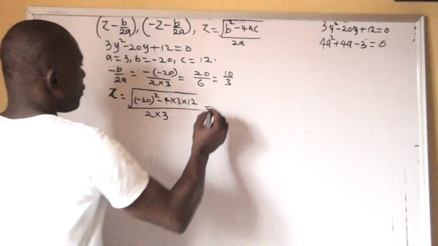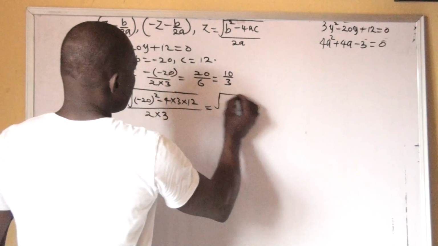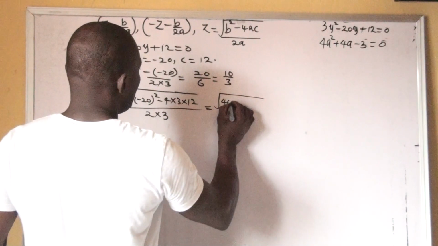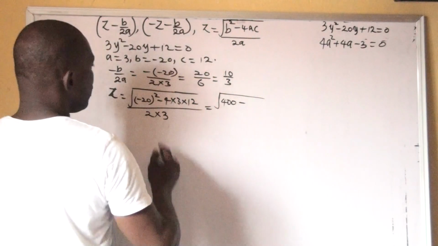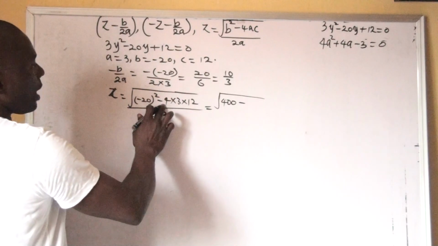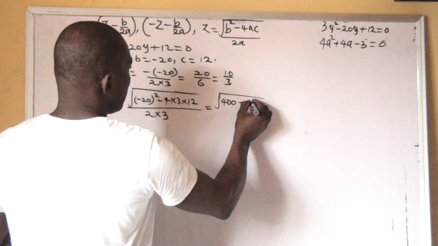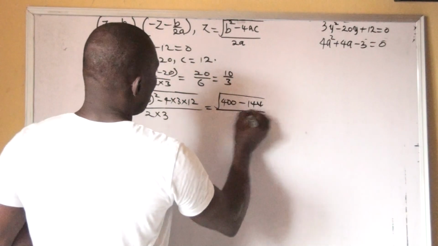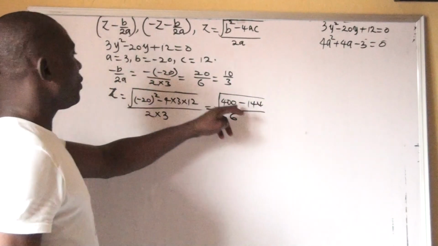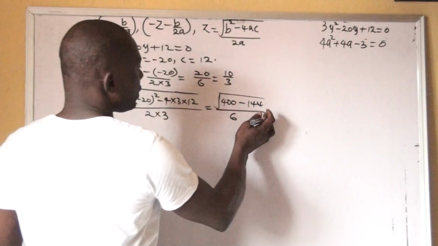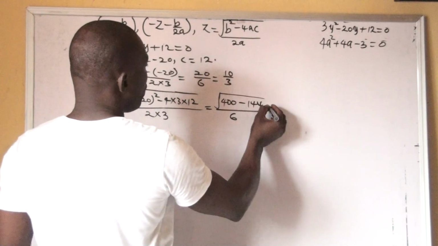Minus 20 squared is 400, minus 4 times 3 times 12, which is 144, all over 6. 400 minus 144 gives us 256.